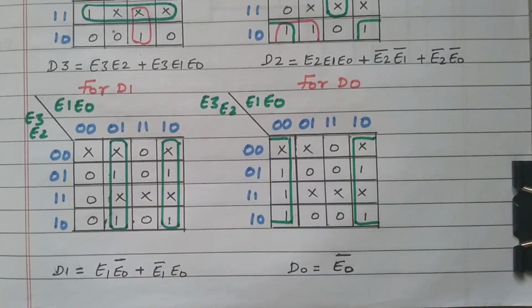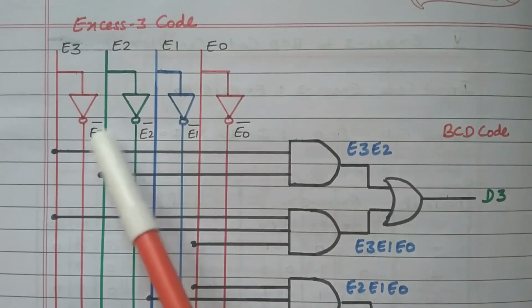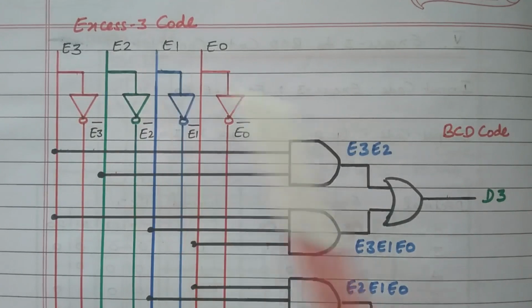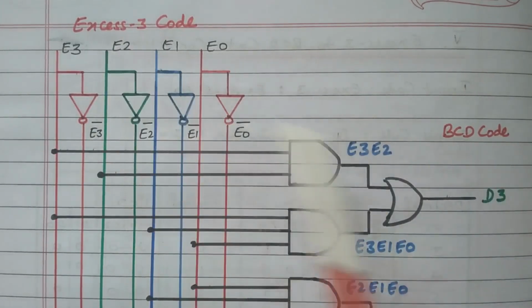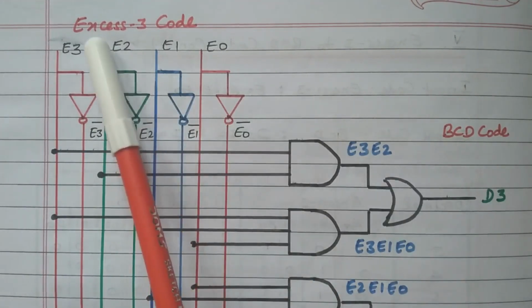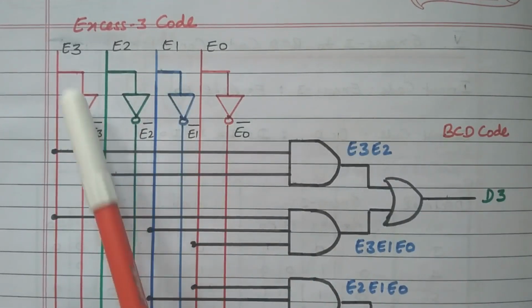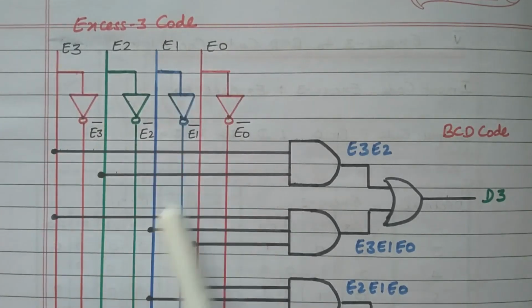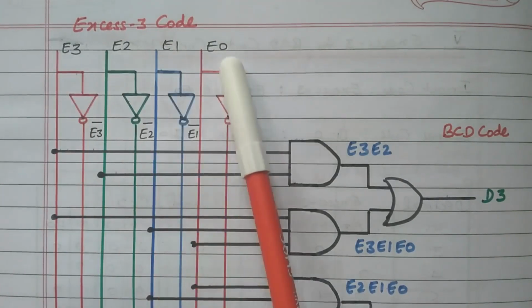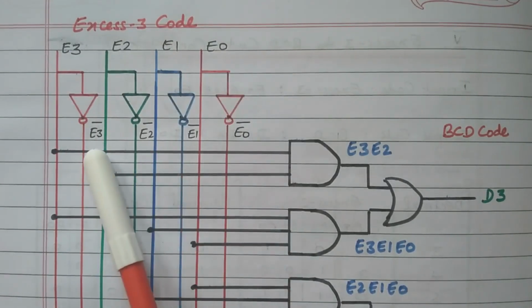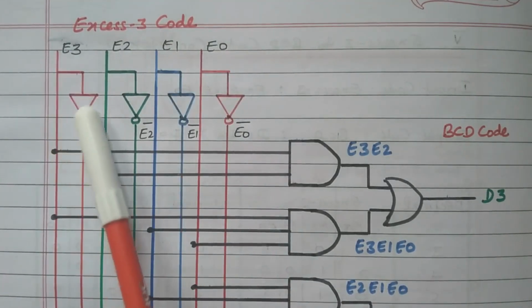Now we'll go to the logic diagram to implement these 4 functions. So this is the input XS3 code. This is the output BCD code, converting from XS3 to BCD code. So for XS3, all 4 possible inputs E3, E2, E1, E0 are available. These lines represent the inputs E3, E2, E1 and E0. In order to get E3 dash, one NOT gate is connected.